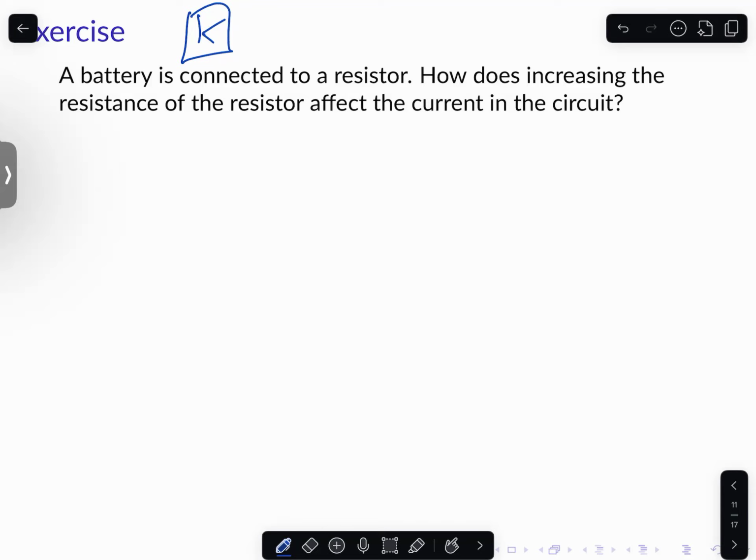Current is not energy. Electricity is not a defined term. Electricity is the chapter title. What property of electricity is energy?